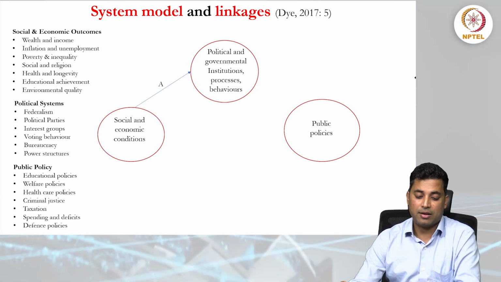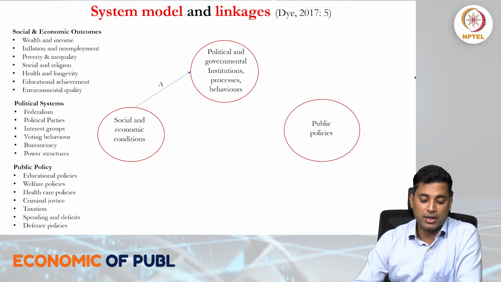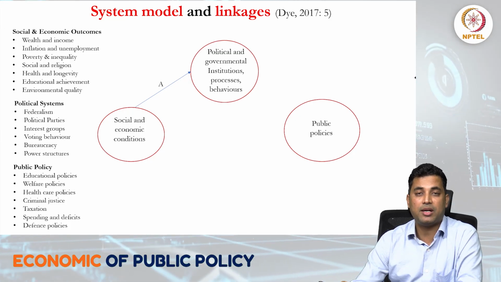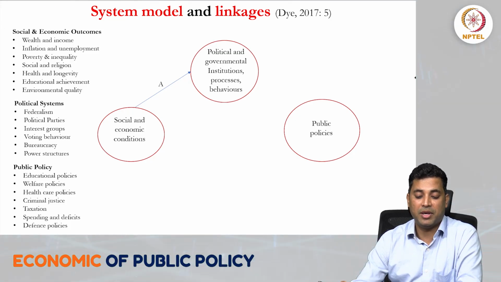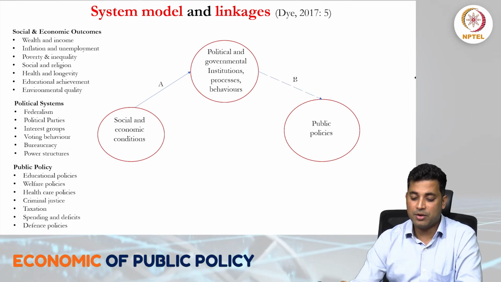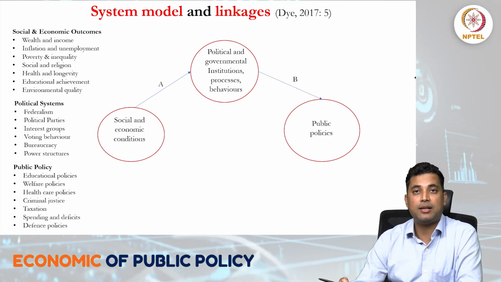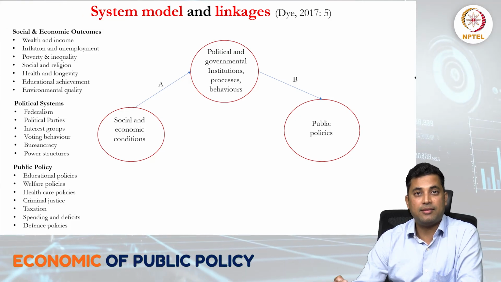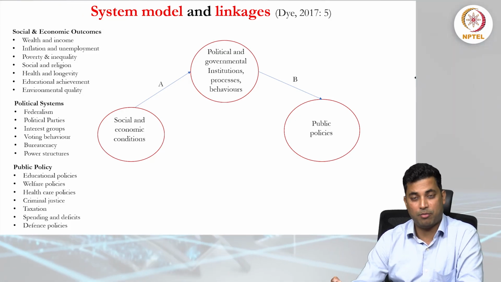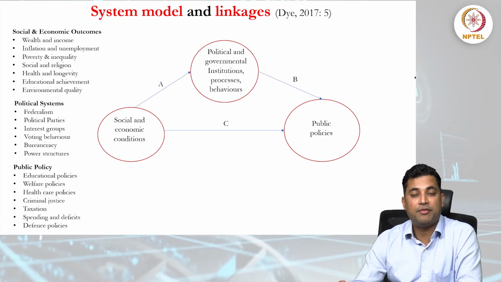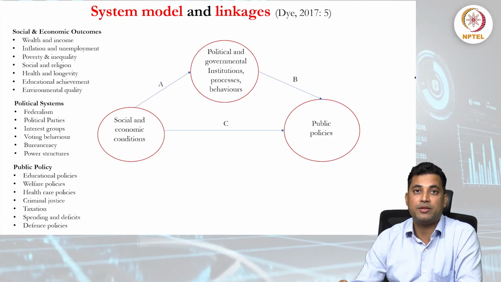So social and economic conditions have an impact on political, governmental and institutional behaviors. Likewise, political, governmental and institutional behaviors have an impact on public policies. Social and economic conditions will define what kind of public policies are to be framed.